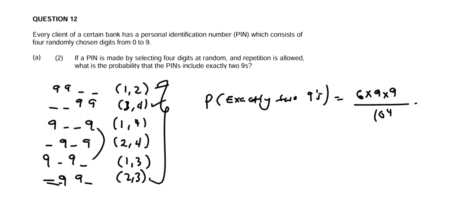This is if we didn't have any restrictions, so the total possibilities over the event, and that's going to give us 243 over 5,000.